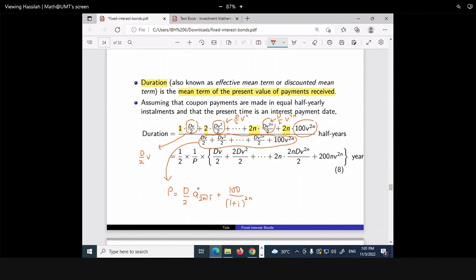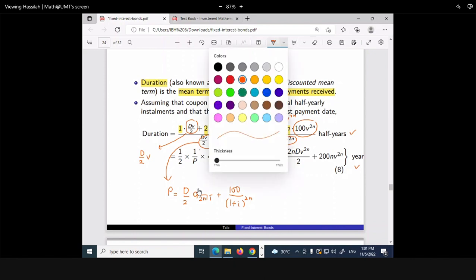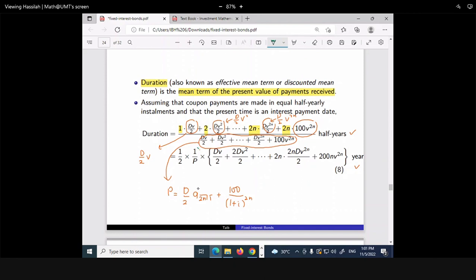Duration ni kita akan detail out dalam kelas yang seterusnya. So duration ni kita boleh tunjuk dalam half years ataupun dalam year. Kalau dalam year, benda yang sama saja dengan yang atas. Jangan rasa macam confused. Yang ini adalah 1 per P. 1 per P ni sebenarnya P yang ni adalah P kan.